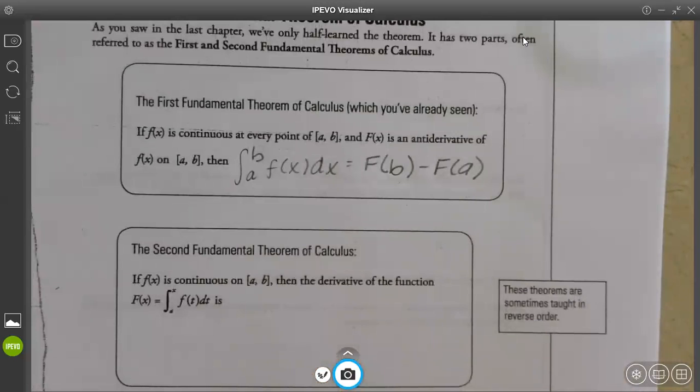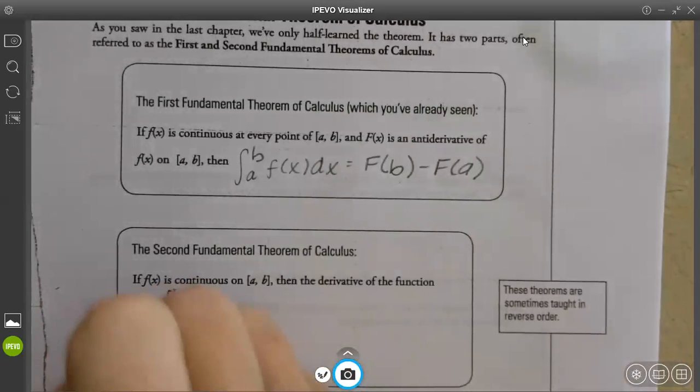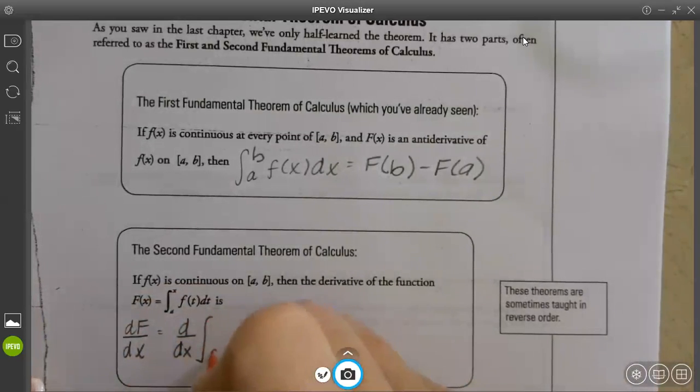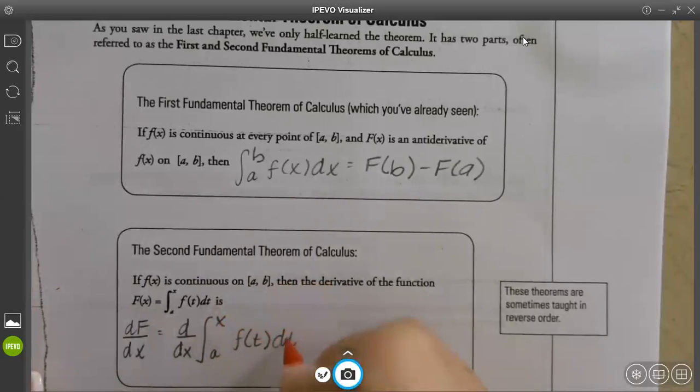And then there's a second theorem that says if we take this derivative, the derivative of f over the derivative of x is the derivative of the integration from a to x of f of t dt.